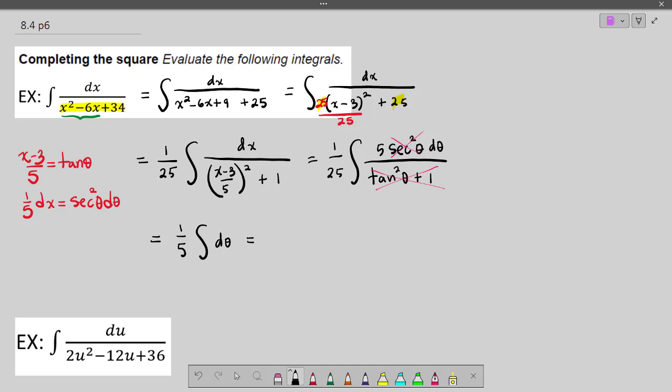The integral of d theta is just theta, so we end up with that. From right here, we isolate theta by taking the inverse tangent of both sides. So theta is just the arctan of x minus 3 divided by 5. So we're done.